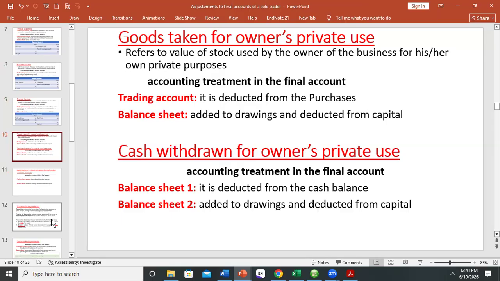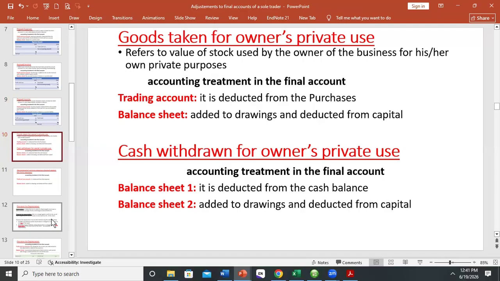Okay. Prof. Jane, can you read it for us? Goods taken for owner's private use. This refers to value of stock used by the owner of the business for his or her own private purposes.